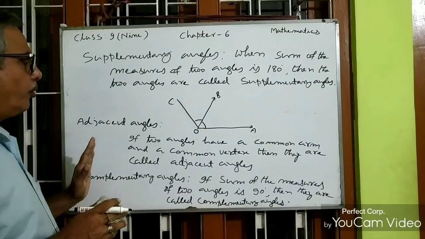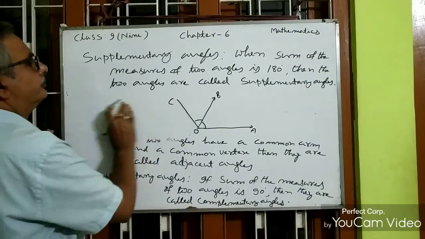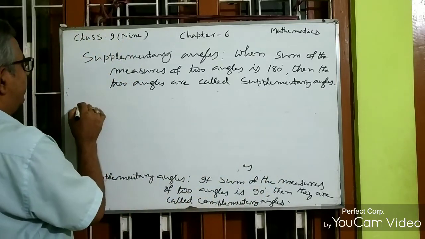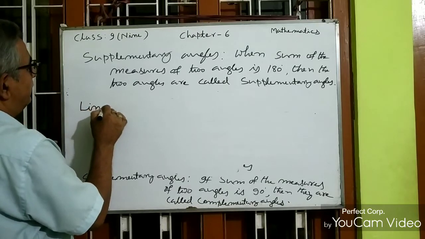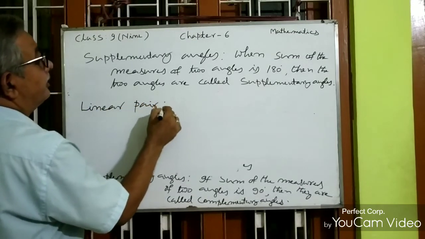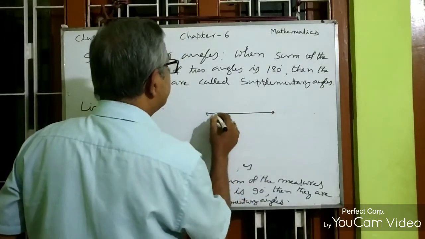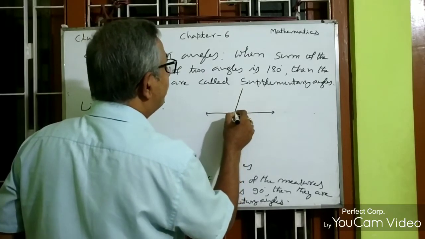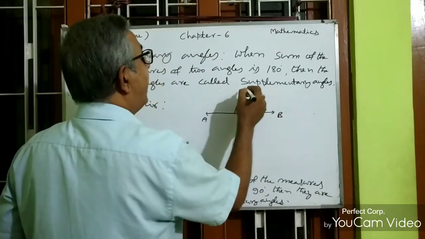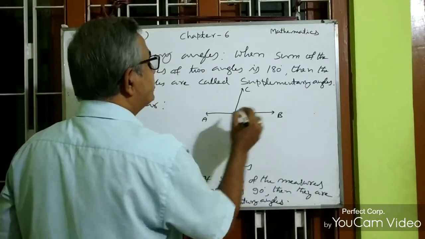Now, what do you mean by linear pair? Here you see, one straight line is there, and on this straight line another line falls. For example, AB is the straight line and CO is another ray on this line.